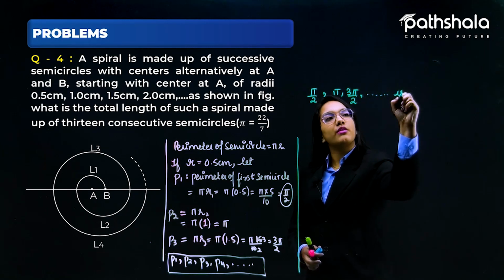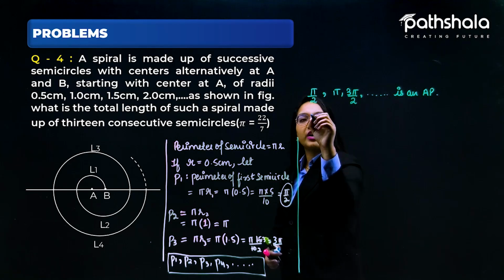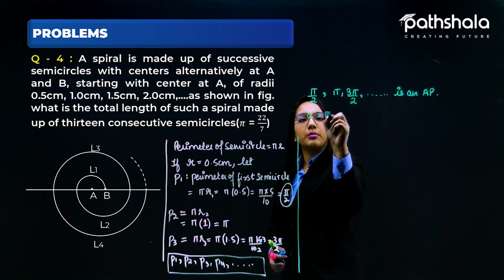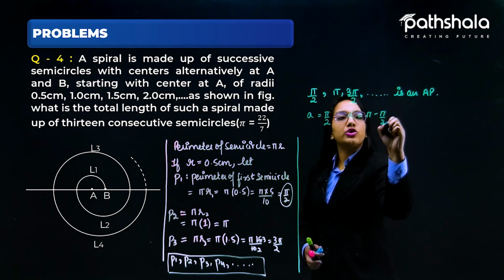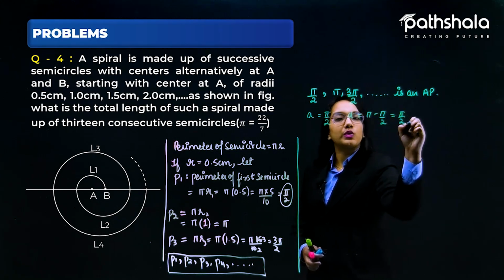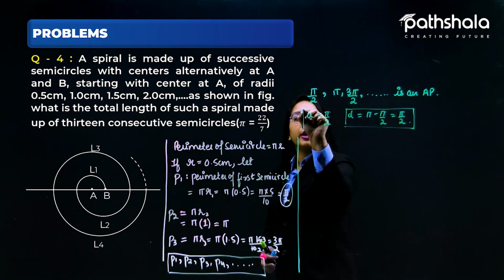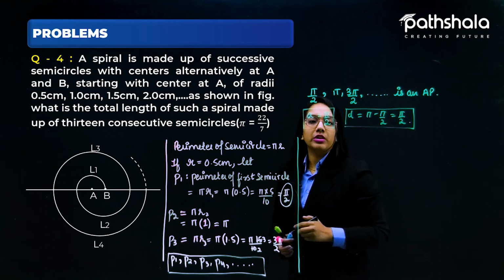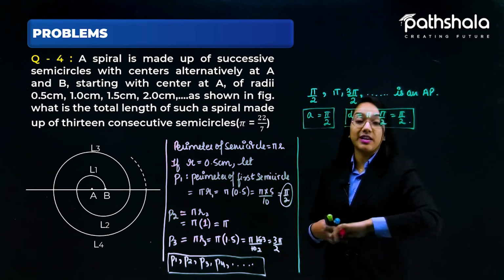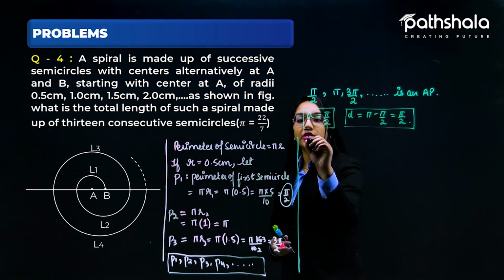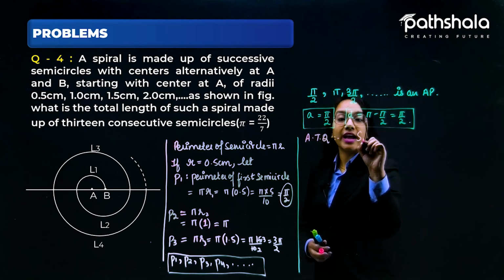All these are forming an arithmetic progression, obviously. You can see the very first term is pi/2, and the common difference is pi minus pi/2, which is again pi/2. So the common difference is pi/2 and the first term is pi/2. We have to find the total length of the spiral, which is made up of 13 consecutive semicircles. So according to the question, we just have to calculate S13.